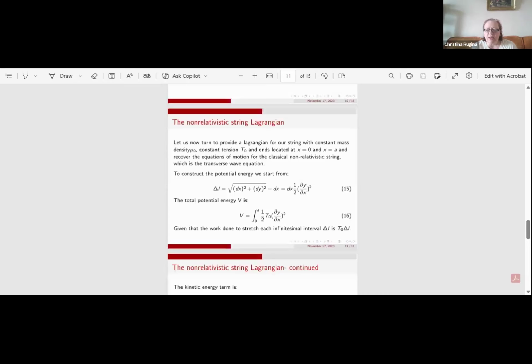So you have an idea about the classical non-relativistic string. And it's important to keep that clear, that the wave equation is the equation of motion for the classical string.